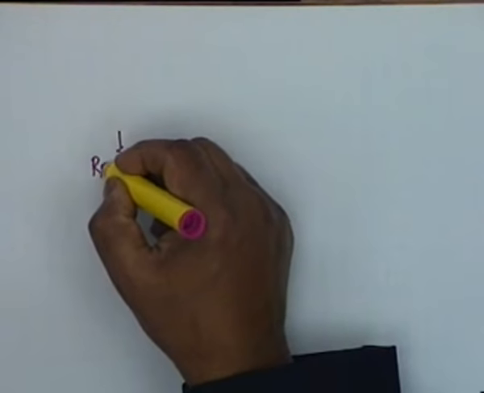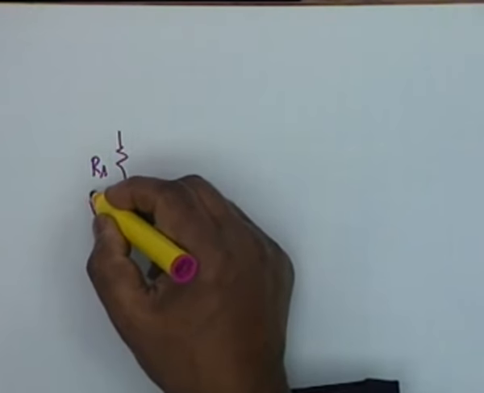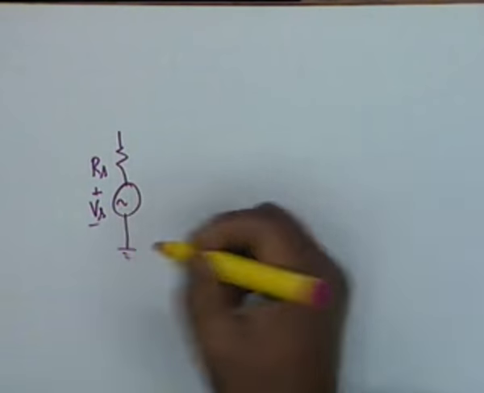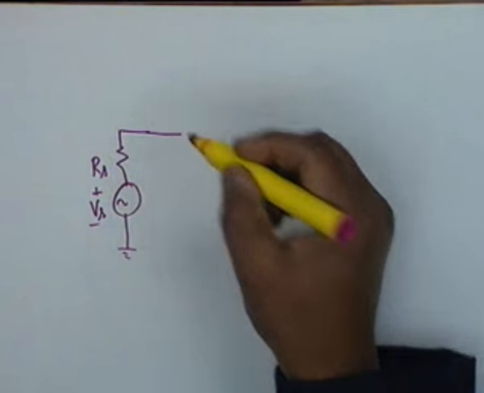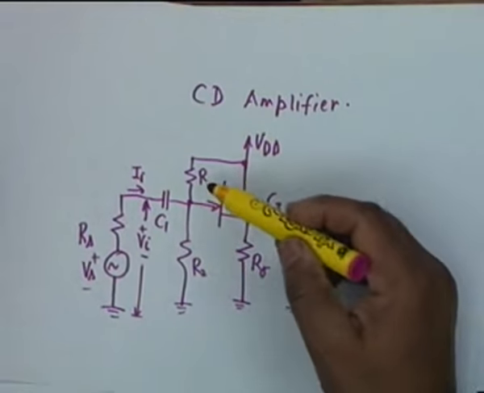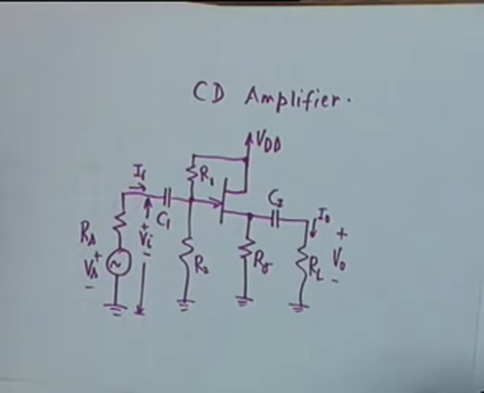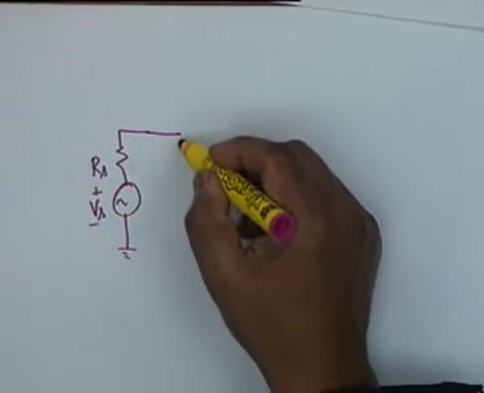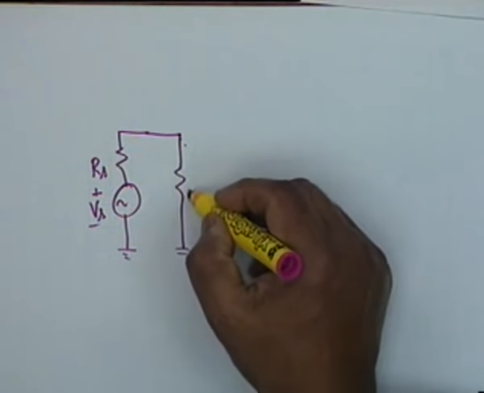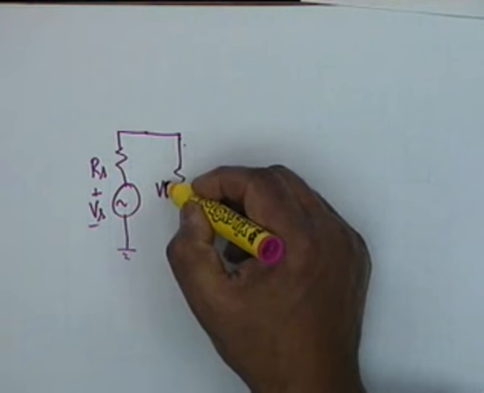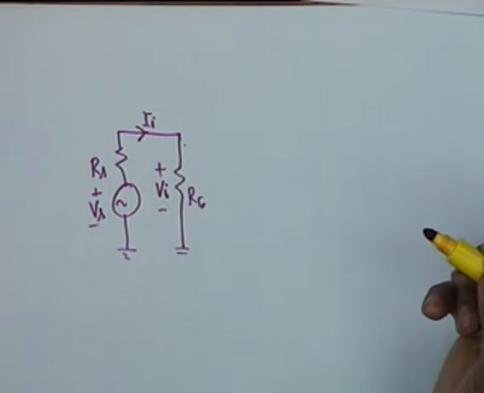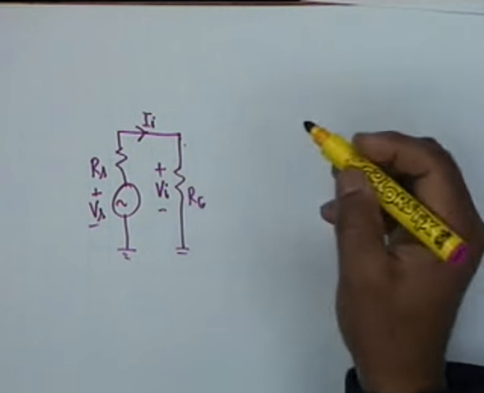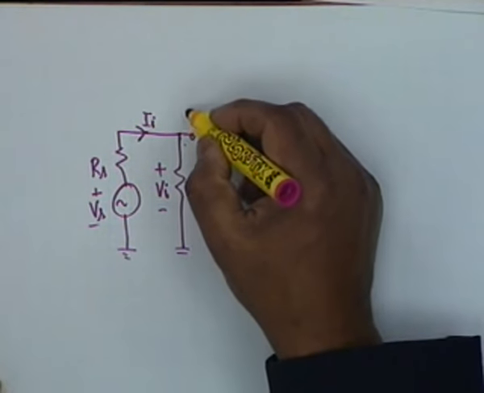RS, Vs goes to ground, then we have the parallel combination of R1 and R2, which will be RG, as we have already called it, R sub G, and this voltage is V sub I, this current is I sub I, and then this is the gate terminal.